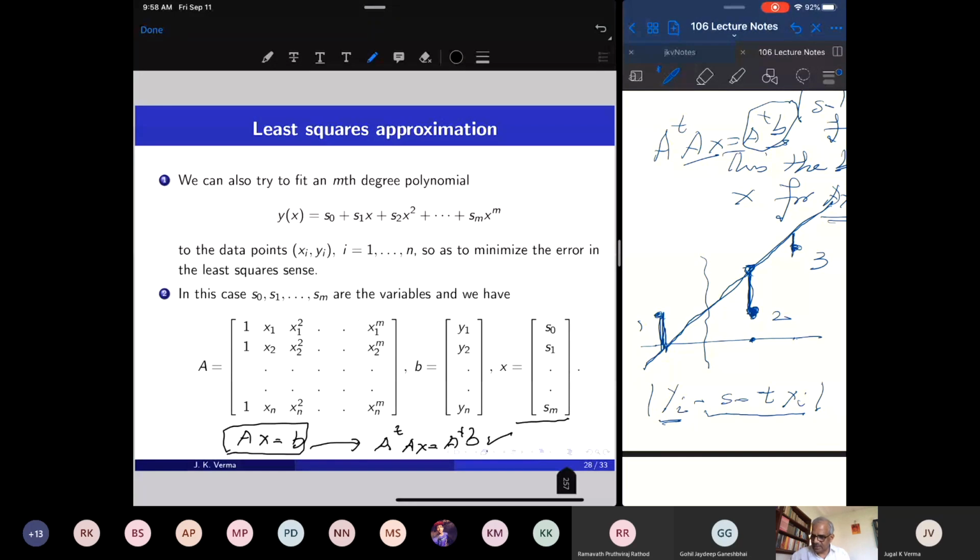So it is an invertible matrix, and I can just multiply by the inverse of A transpose A. This is exactly what happened in the linear equation case. So we solve these linear normal equations, find an x, and that will give me this vector, and that vector will give me this polynomial which best fits the data.